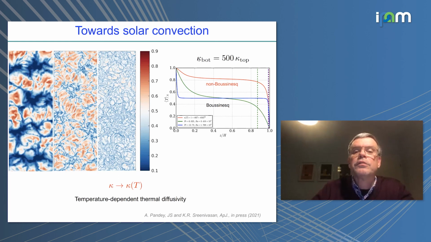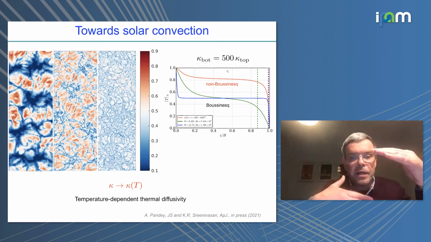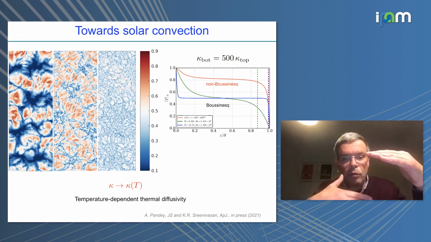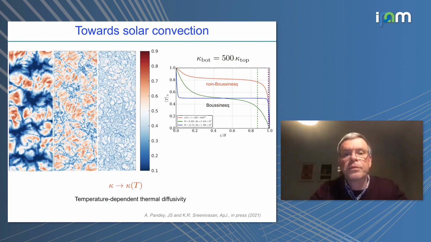And we have a diffusivity that is 500 times larger at the bottom compared to the top. So we have basically a Rayleigh-Bénard setup, which is at the bottom low Prandtl and at the top high Prandtl. And the corresponding reference cases are given here with the green and the blue mean temperature profile. And here you see how that convection is organized.